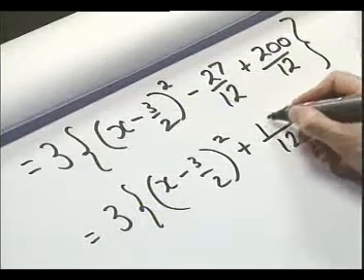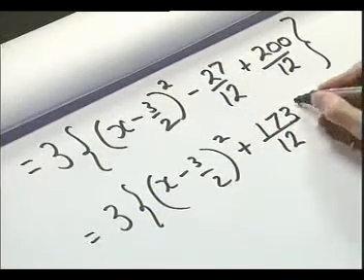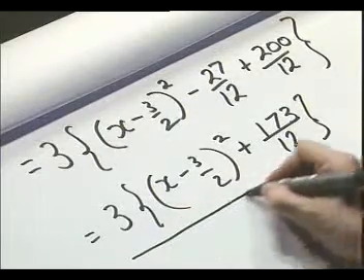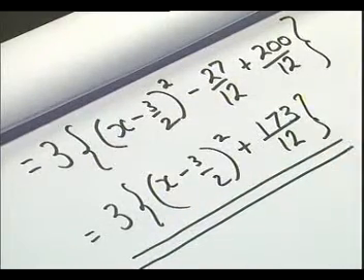It's going to give us 173, and then we can close the bracket off. So despite the fact that the numbers were quite fearsome there, we've still ended up with a complete square.